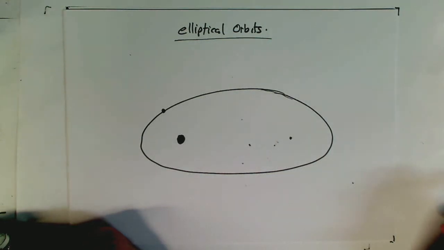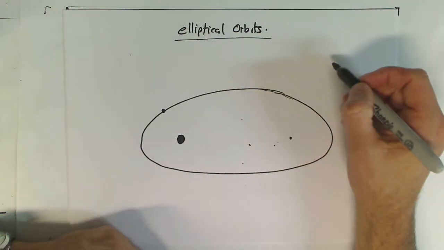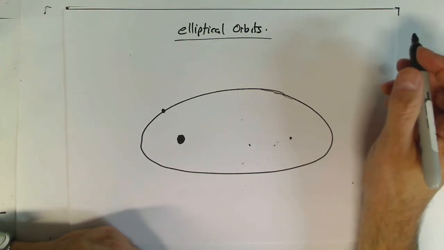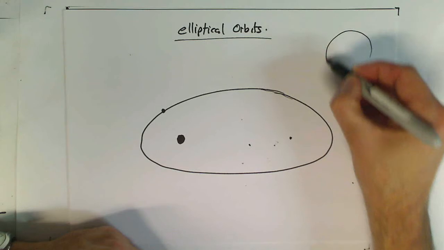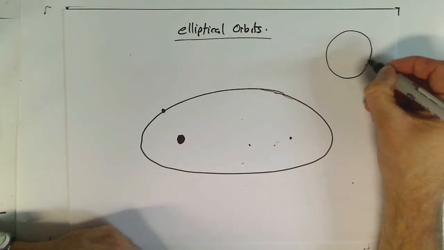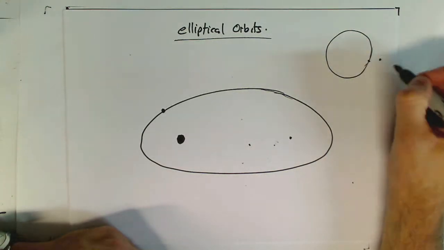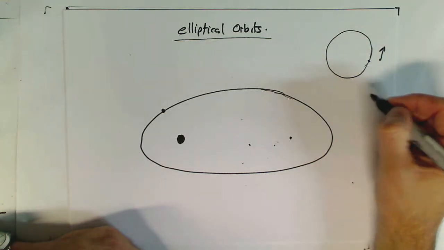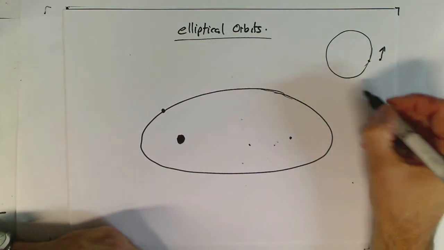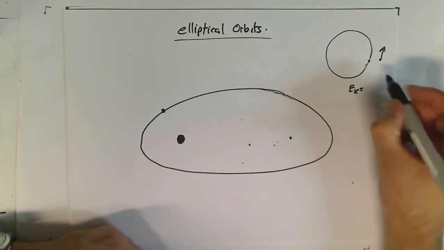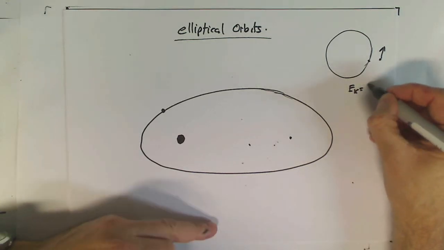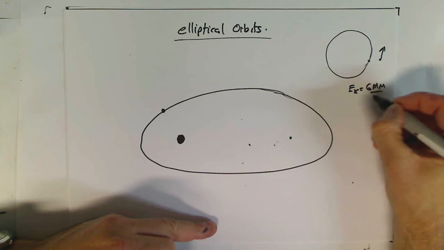Now, what we wanted to look at here is just the energy in the whole thing. We knew that for a satellite in a circular orbit, you've got two types of energy. The satellite has kinetic energy, and we worked out that the kinetic energy was equal to GMm all over 2r.